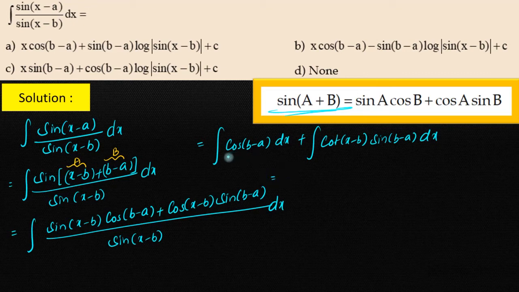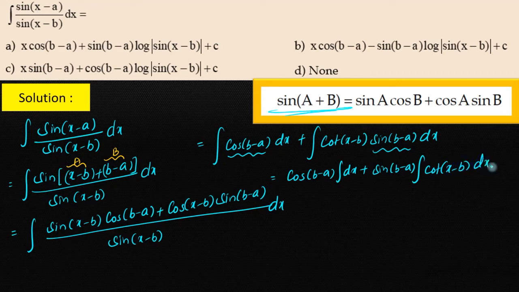This equals, here cos(b − a) is a constant, into the integral of dx, plus sin(b − a), which is a constant, into the integral of cot(x − b) dx.